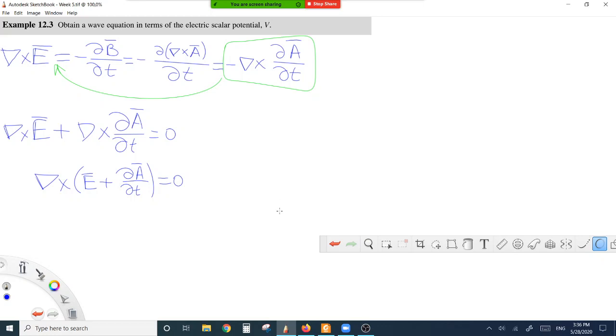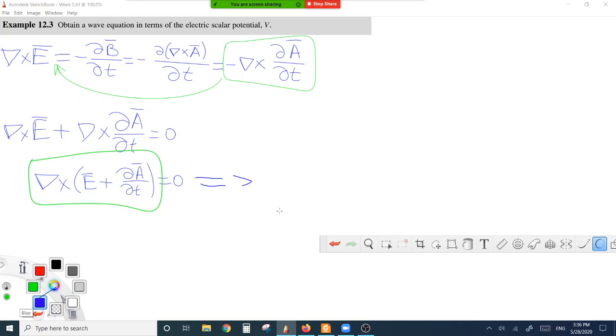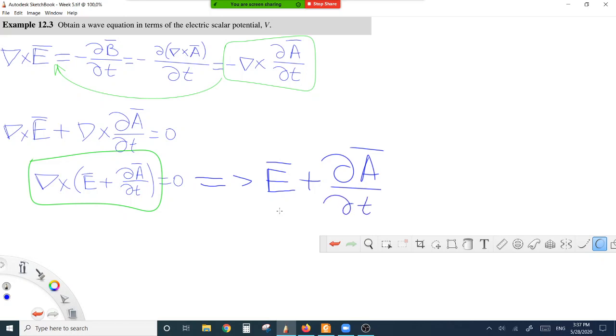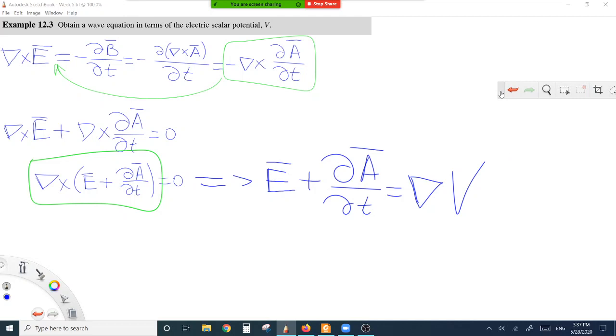From the previous lessons we have seen that from this expression we may conclude that the vector field, which is electric field intensity plus dA over dt, can be written as the gradient of some scalar potential, in our case the electric scalar potential, but with minus.